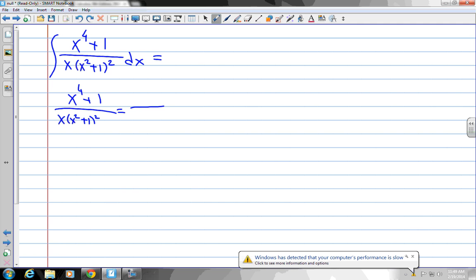So this will be x squared plus 1, and x squared plus 1 squared. These are my factors, so it's constant with linear, linear with quadratics, so like that.